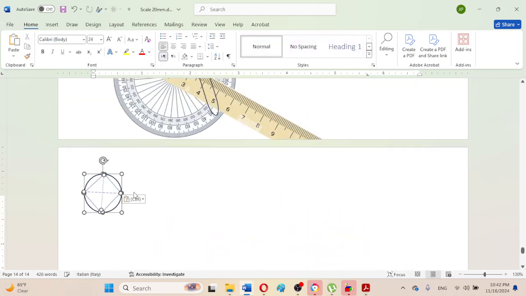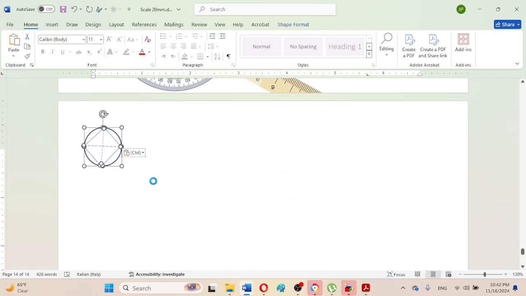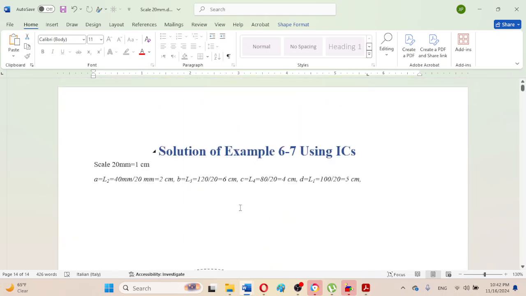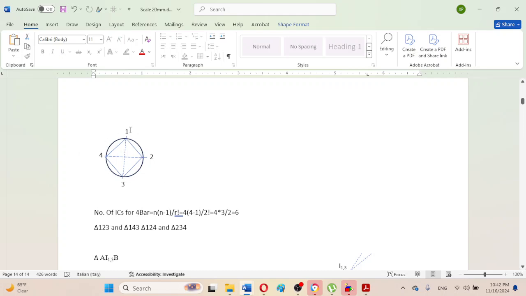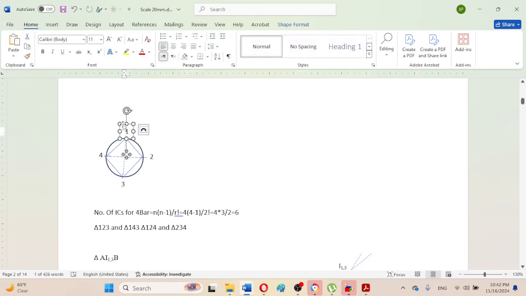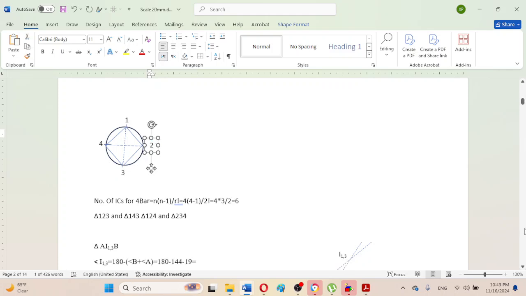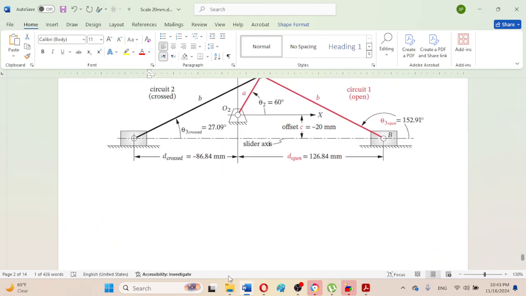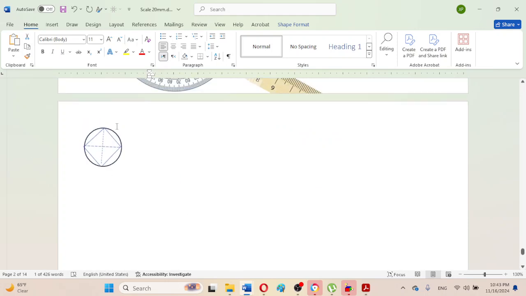Labels can also be copied from there. One label can be copied at one time, so copy it and paste it anywhere and then reposition it.